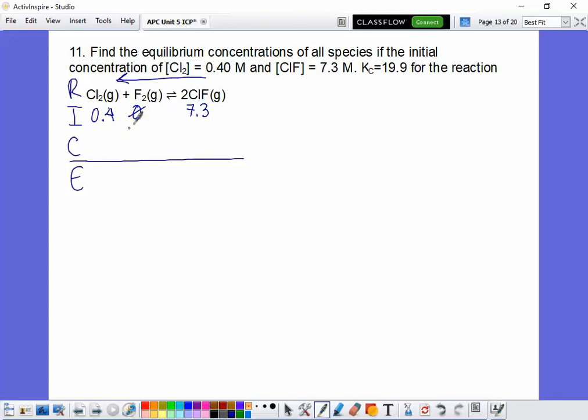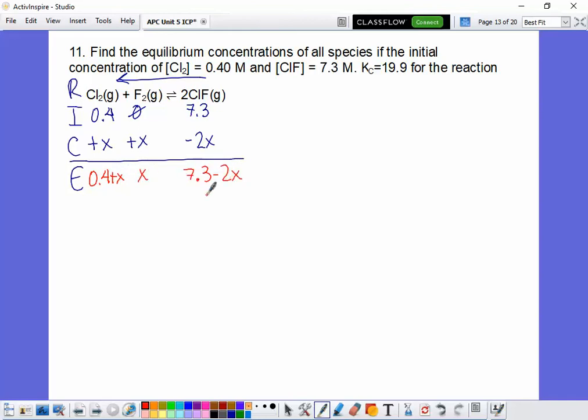So that means my reactants are going to be my plus x's this time, and my product is going to be my minus 2x. So it's changing the signs. If you got a negative x in this problem, that's because you probably forgot to do that. Okay? You might have just gotten the negative of the correct x. We'll see. So at equilibrium, this is 0.4 plus x, this is x, and this is 7.3 minus 2x.